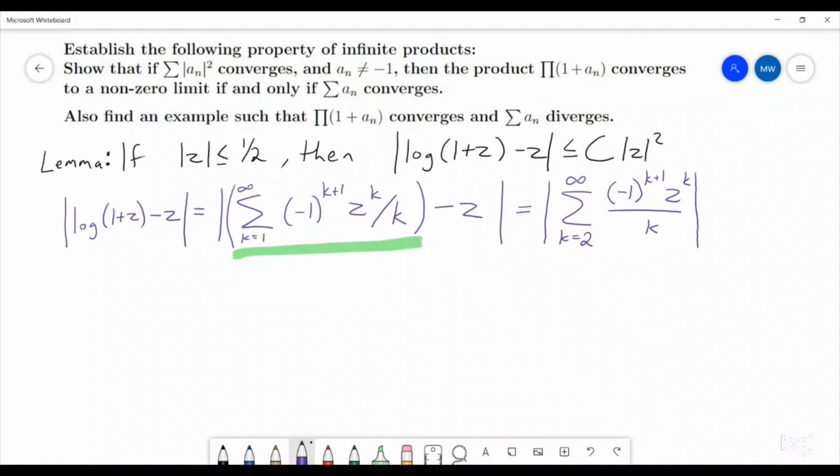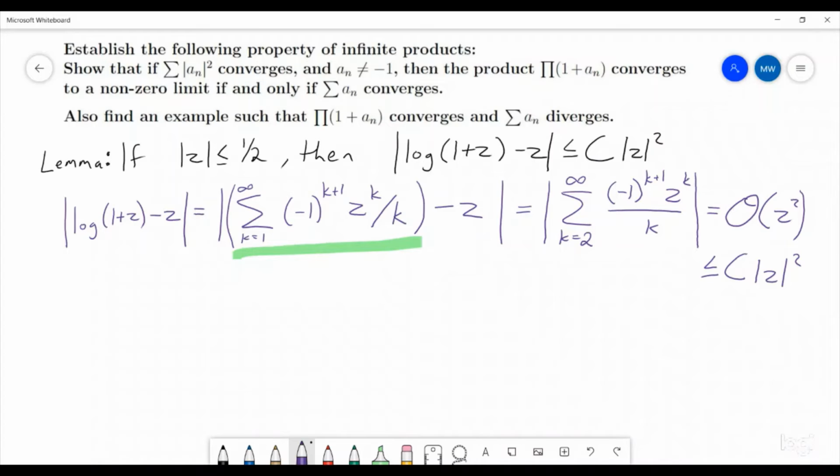This is something times z squared in every single term, so we can factor that out. So this is big O of z squared, which, if you don't know what that means, is precisely what is needed for it to be c times the absolute value of z squared. So there we go. We can use that anytime we need it.